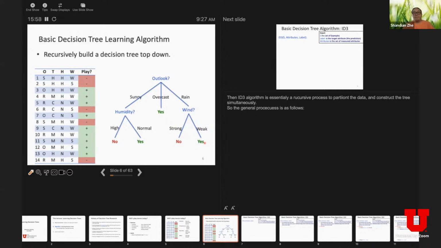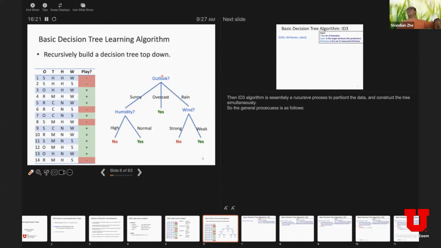But how does the algorithm fulfill this? As we mentioned, the ID3 algorithm is essentially a recursive algorithm. Recursive algorithm means that it will repeatedly call itself to create new nodes and branches and expand the tree.